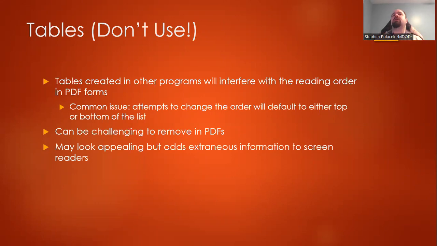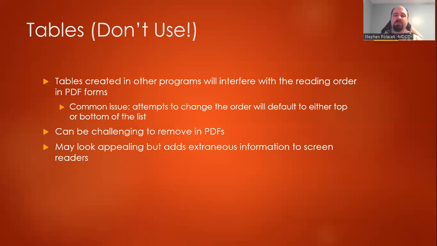And if you have headings, it'll start adding things like row 1, cell 3, or column 3. It adds a lot of extra information that screen readers are going to spit out. It's going to make it harder for voice control software to pick out that field, because now it's not just the field, but a field inside this table. And it could just be challenging.